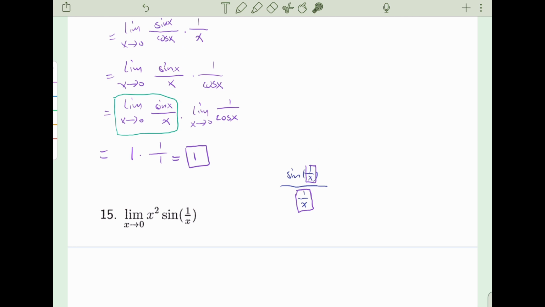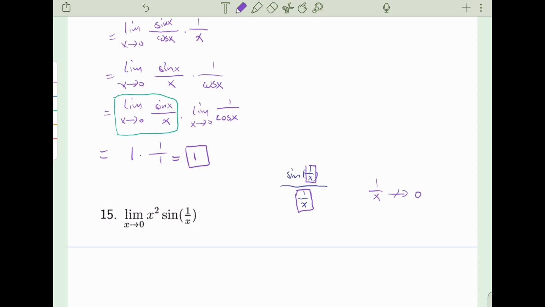But now, the expression inside that bracket is 1 over x. And our limit says that x goes to 0, which means 1 over x is going to infinity. So it's not going to 0, right? We know that 1 over x is not going to 0.